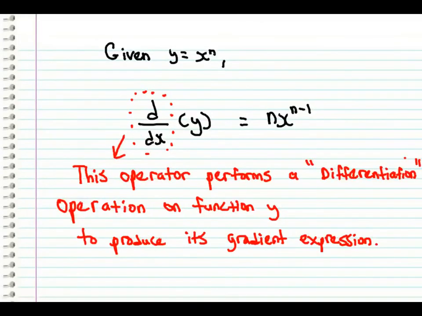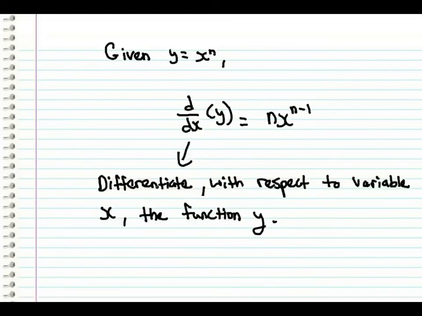To be more precise, the operator d over dx performs a differentiation operation on the function y to produce its gradient expression. In words, d over dx of y is simply differentiate with respect to variable x the function y.